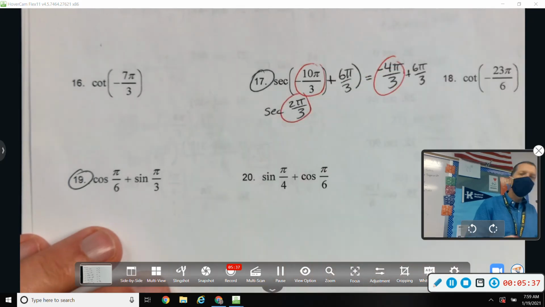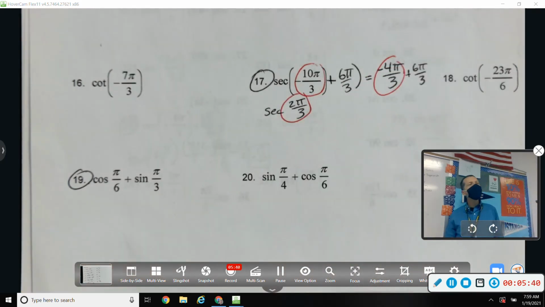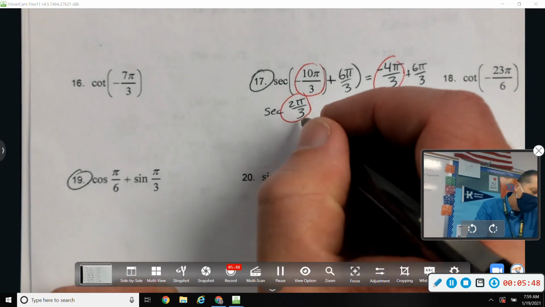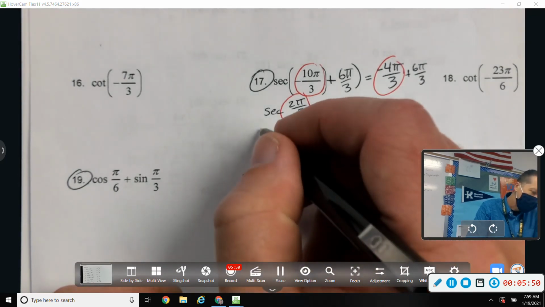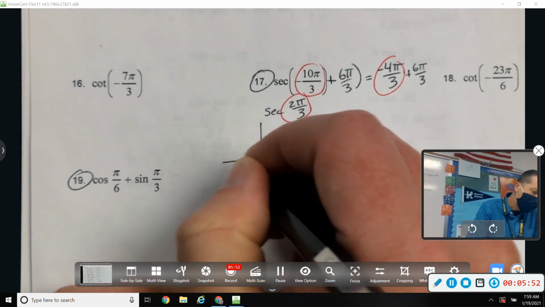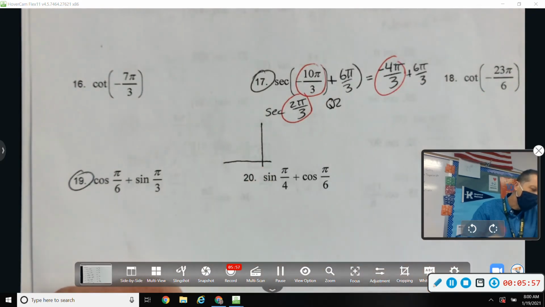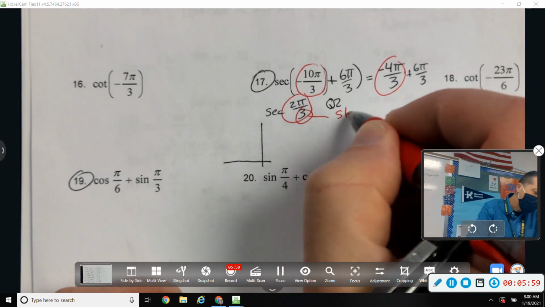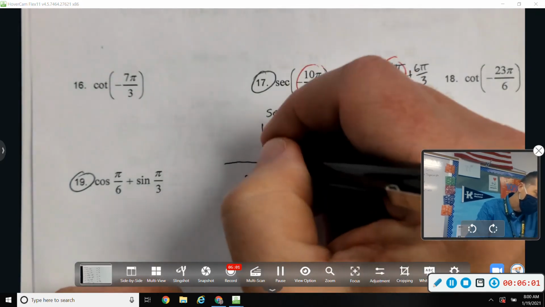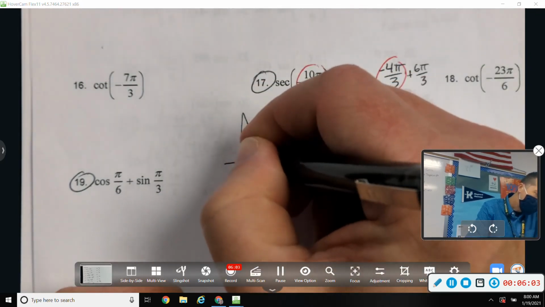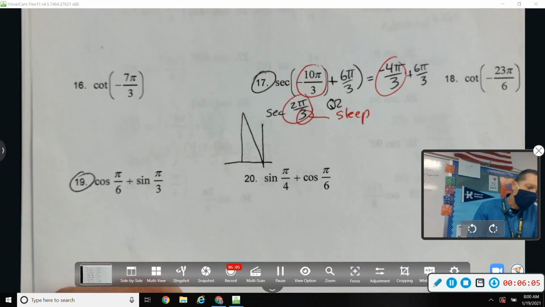Do you remember the official name for those 3 angles? You don't have to, but coterminal. They all land in the same spot. That's why this works. So 2 over 3. Let's see, that's almost to 1, so that's in the second quadrant. It's over 3, so it's steep. And then, you may remember that we can kind of shortcut this.